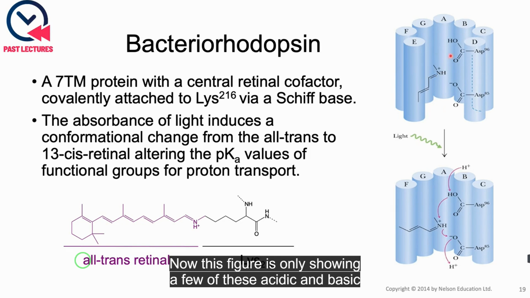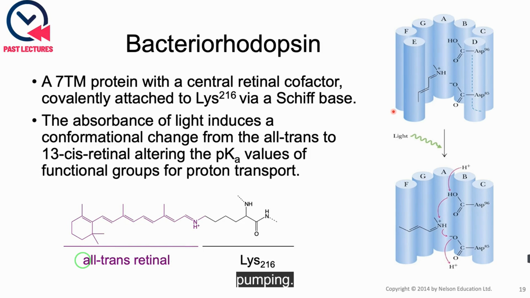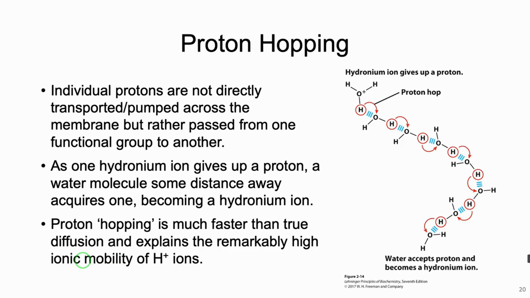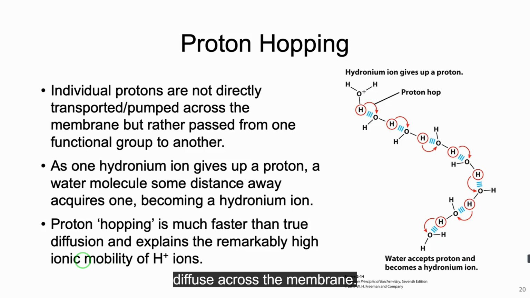Now, this figure is only showing a few of these acidic and basic amino acids, so that lysine over here. But there are other amino acid side chains that are going to help with this proton pumping. What's really neat about looking at bacterial rhodopsin structure and the mechanism of action is that the protons don't actually diffuse across the membrane.